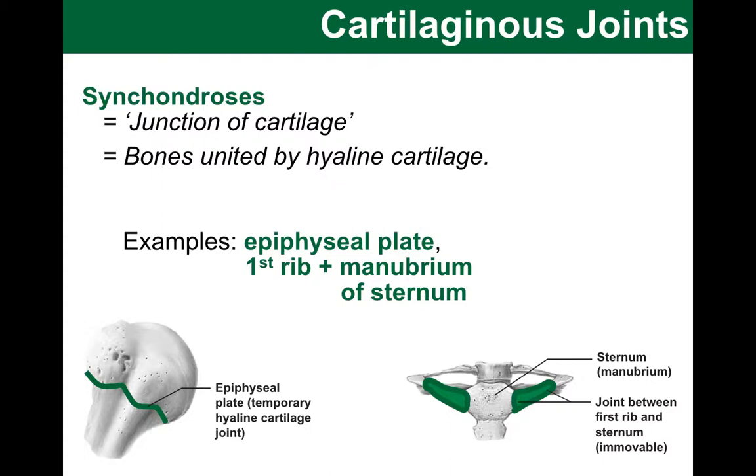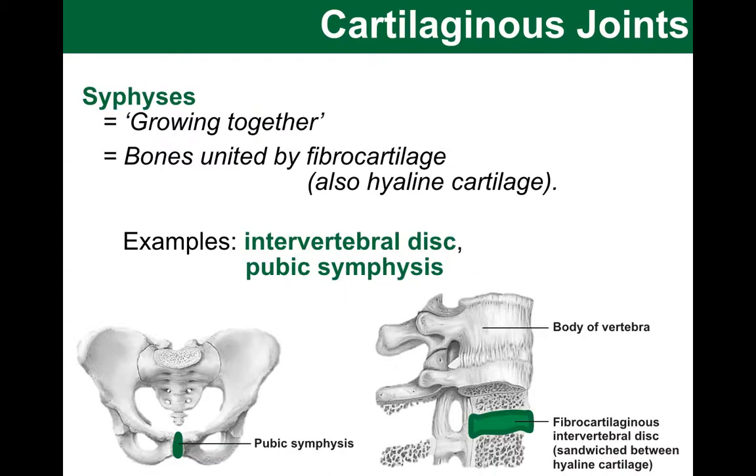As for the second type of cartilaginous joints, let's have a look at the symphysis. Here we have fibrocartilage that unites the bones. And remember from our discussion of different cartilage types, I will add a link to this video too at the end of this one.